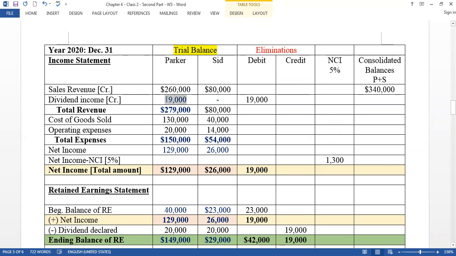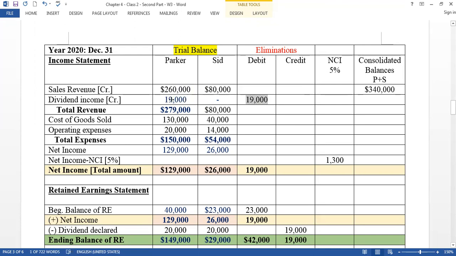Okay, and we know that this dividend is an intercompany transaction, right? So we eliminate it. Why do we eliminate it? Because this dividend is already reflected in our net income. So we eliminate it. So credit and debit, look here.